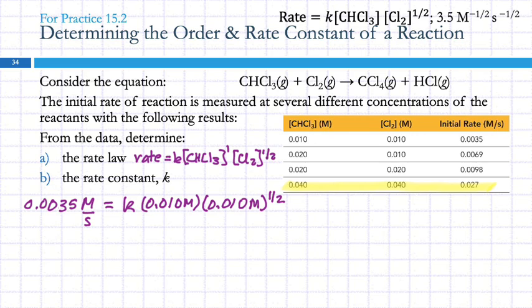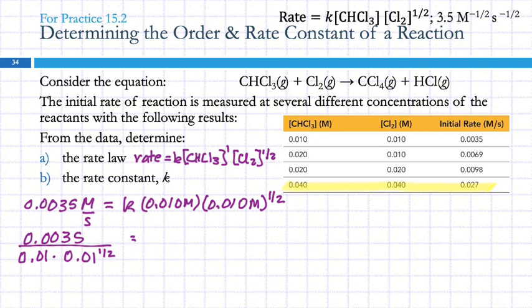Okay, so what if you were going to do this without the number solver? What would you do? So what I would do is take the 0.0035 and divide by 0.01 times 0.01 to the 1/2 power. How do you get a 1/2 power?